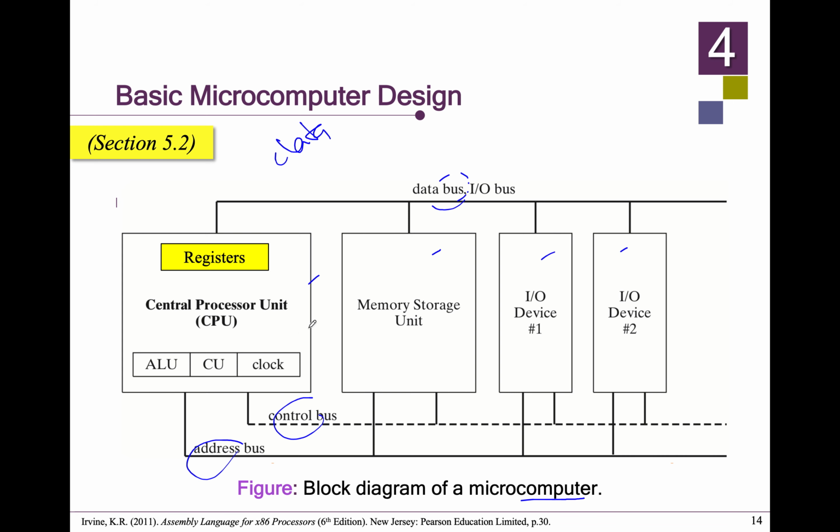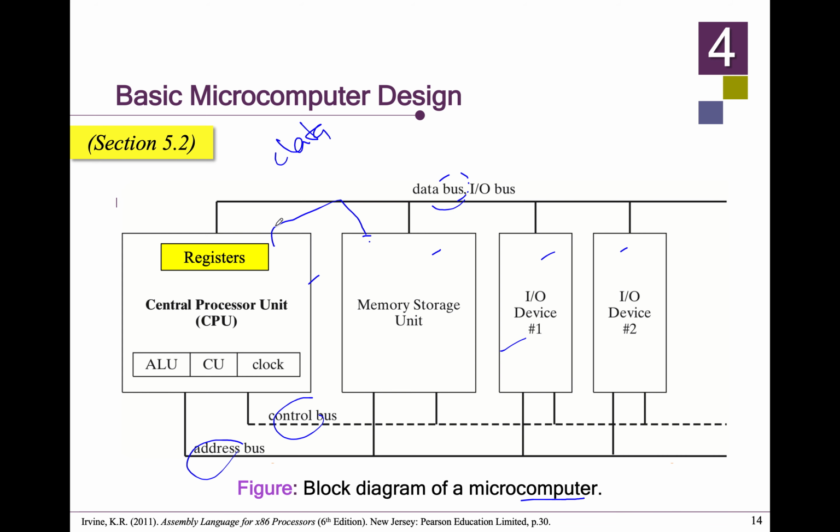You have the CPU, the memory units, and the input output devices, and all of these need to be connected using your bus. If you want to exchange data between each other, you use the data bus. If you want to do controlling between the CPU and the memory, you use the control bus. So this is just an overview of what basically happens inside your computer.